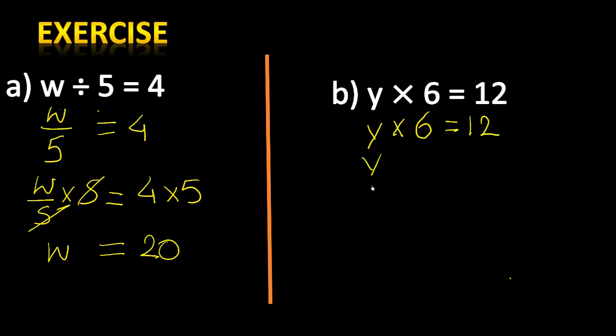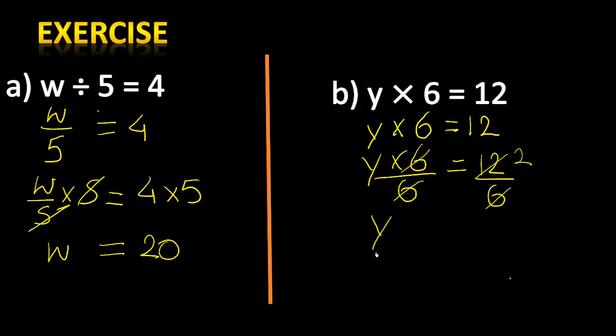Now we'd divide it by 6. y times 6 divided by 6 is equal to 12 divided by 6. The next step would be that we would have to cancel out 6 and 6. And 12 divided by 6 is 2. So y is equal to 2.